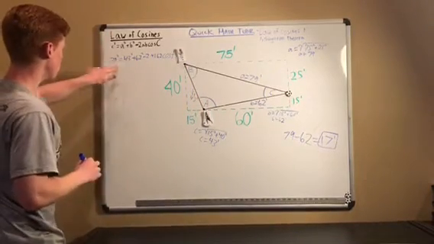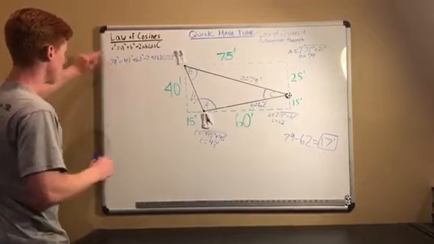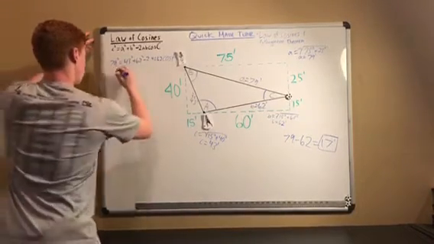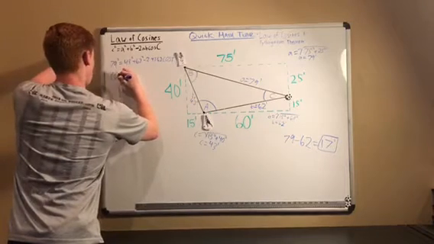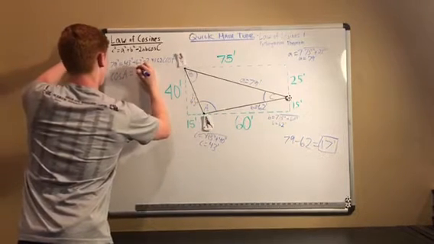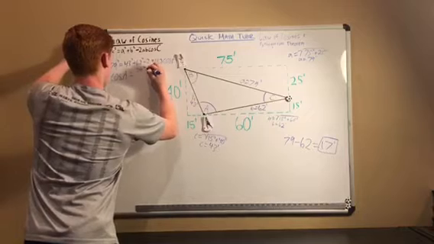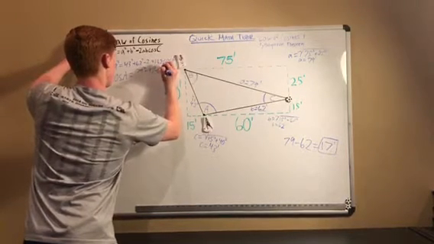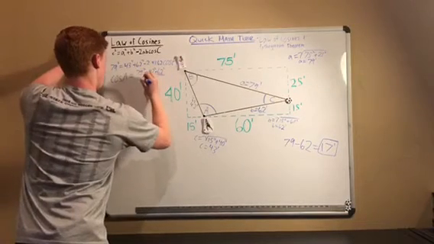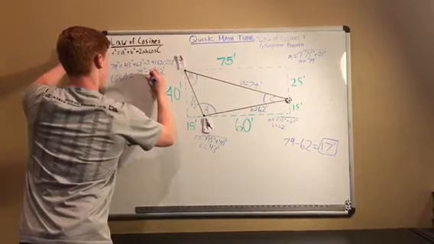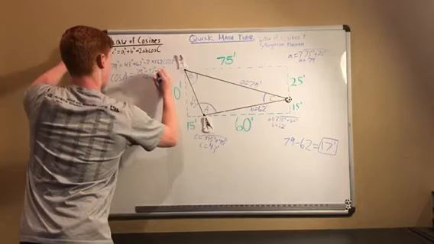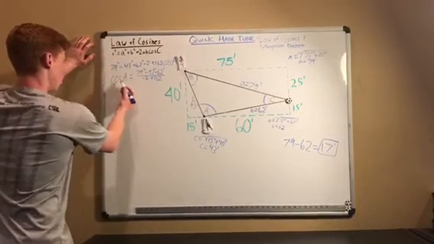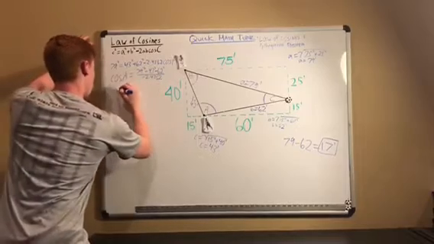So if you subtract 43 squared and 62 squared and divide that by negative 2 times 43 times 62, it'll be cosine A equals 79 squared minus 43 squared minus 62 squared over negative 2 times 43 times 62. Then to solve for A, you do inverse cosine of all of that.